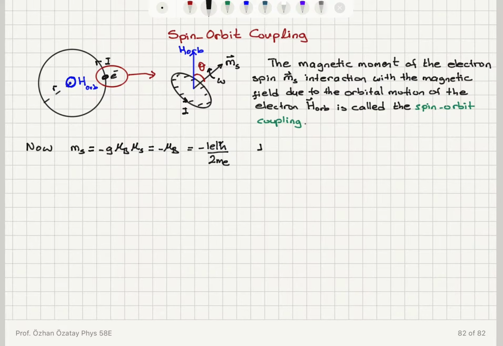And the current is due to the spinning of this disk. It's basically minus the electron charge divided by the period T. So it's going to be minus the electron charge v divided by 2 pi r, where r is the radius of this disk. Let me call this r_s, for the spin.